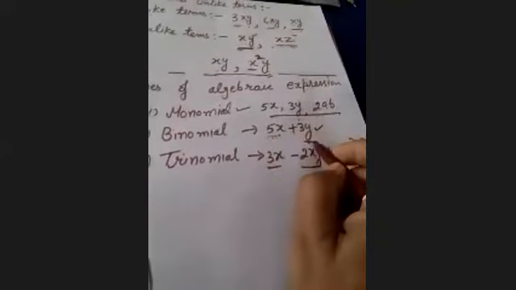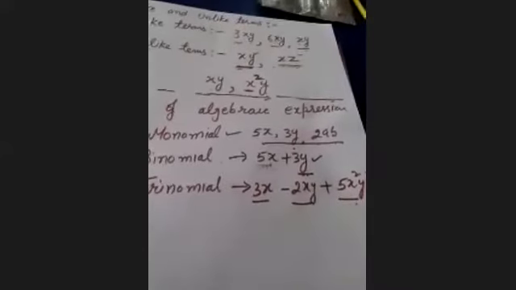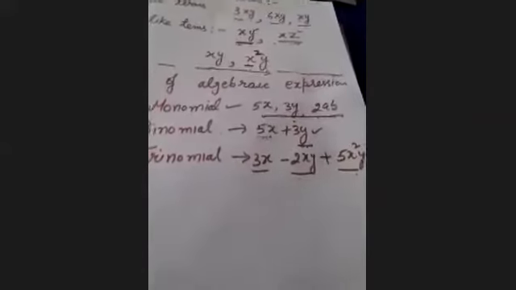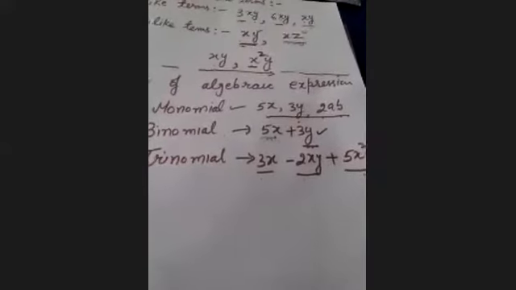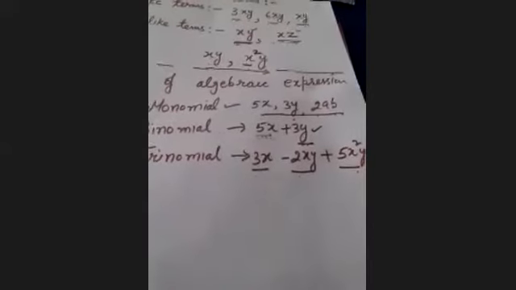First x, second y. So 5x plus 3y is a binomial. Next is trinomial. An algebraic expression having three unlike terms is known as a trinomial.